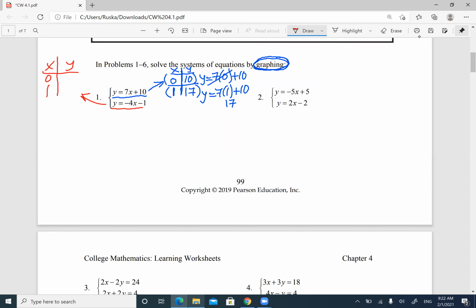When X is 0, I have Y equals negative 4 times 0 minus 1, which is negative 1. Then I'm going to replace X with 1. So Y equals negative 4 times 1 minus 1, which is negative 5. These are the 2 points I need to graph to get the graph of the second equation.